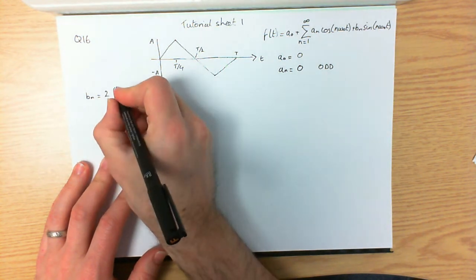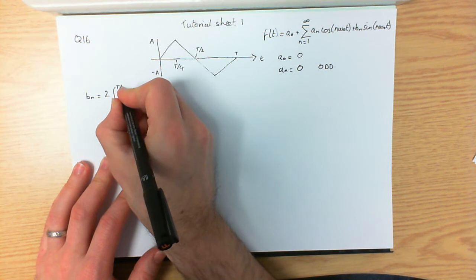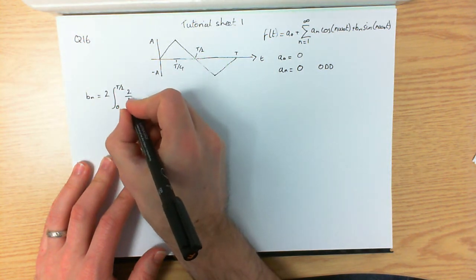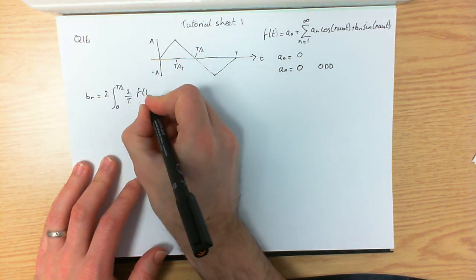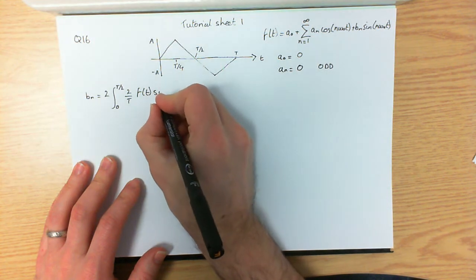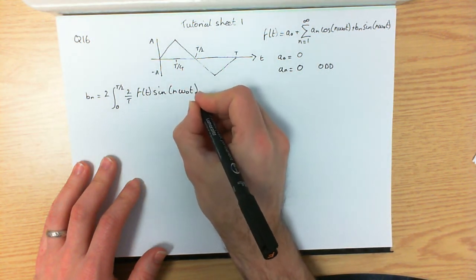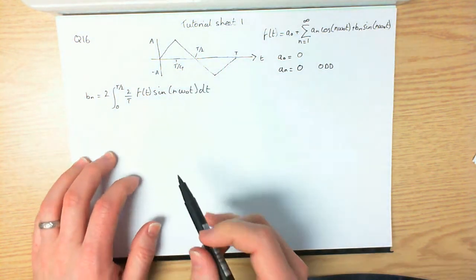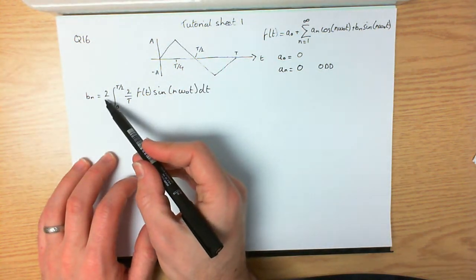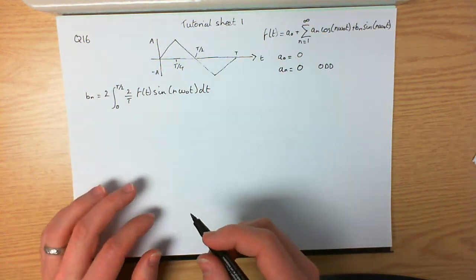So we want the integral from 0 to T over 2 of 2 over T f of t sine n omega naught t dt, and obviously the 2 is due to the fact that it's an odd function.